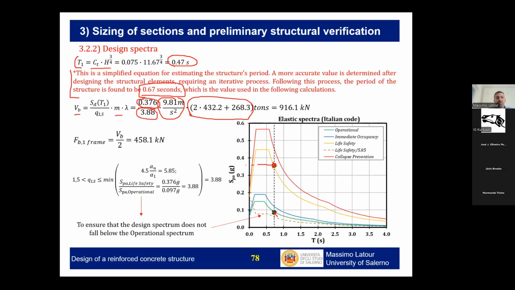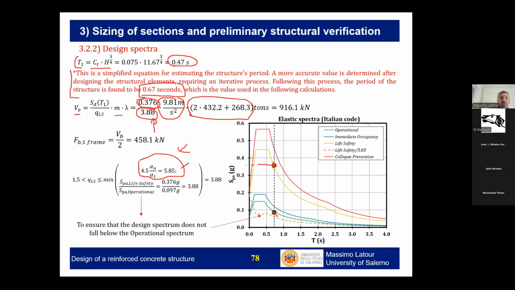How is this behavior factor determined? We should enter into the code. In Eurocode, it is currently allowed for moment-resisting frames made of concrete to apply a behavior factor which reaches 5.85. But we have to remember something.